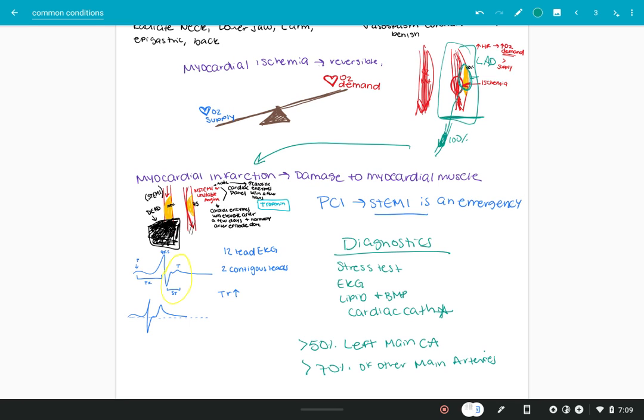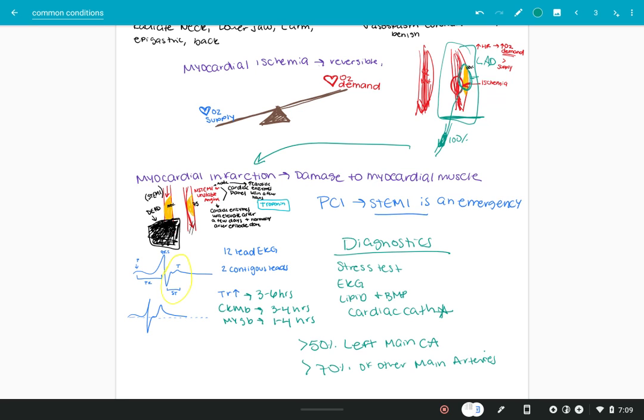But like I said, myoglobin is not very specific, so we really want to look at troponins. So troponins will elevate within 3 to 6 hours, CK-MB is 3 to 4 hours, and myoglobin is 1 to 4 hours after the onset of chest pain.